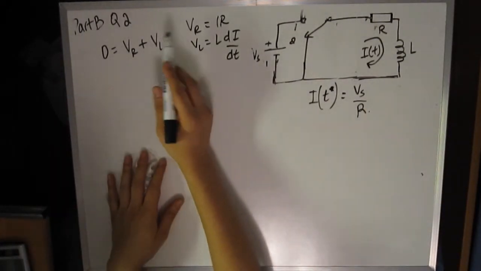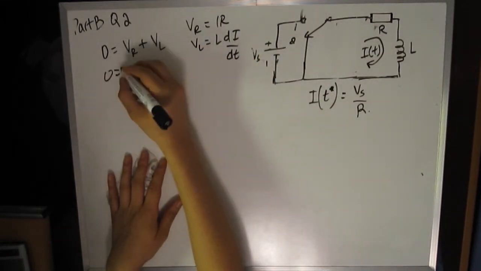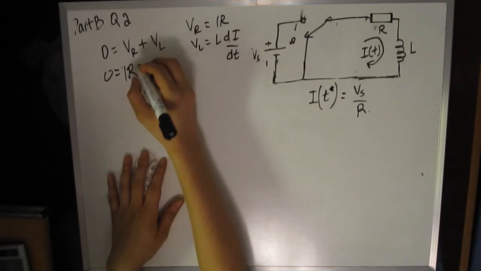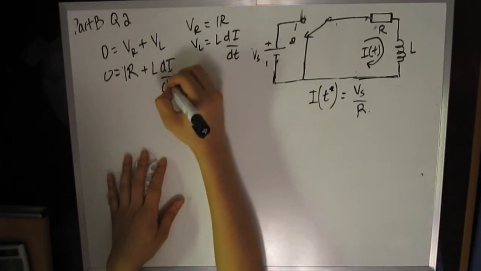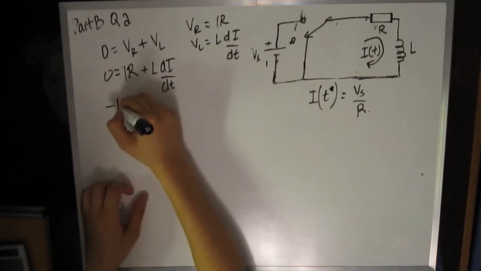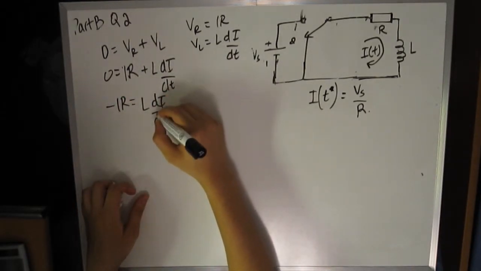What we can go ahead and do now is substitute these two in here. So you get 0 is equal to IR plus L di/dt. Take the IR to the other side, so negative IR is equal to L di/dt.